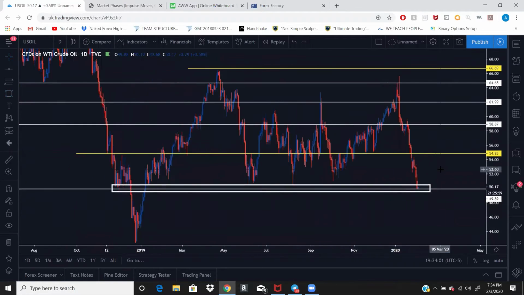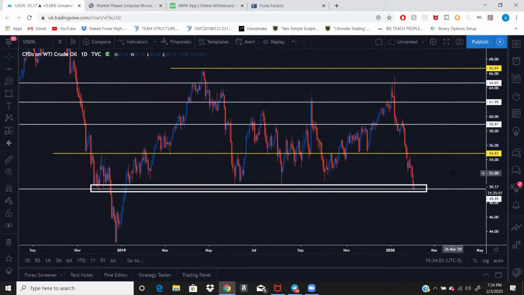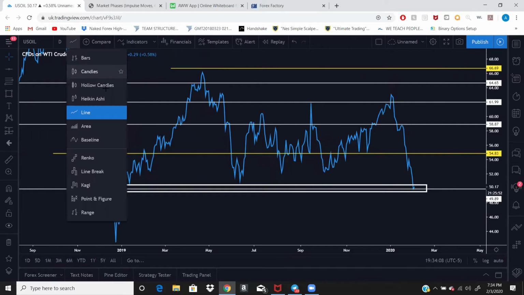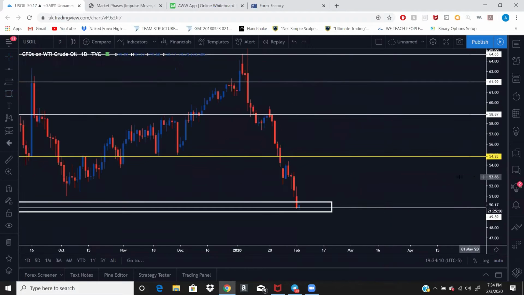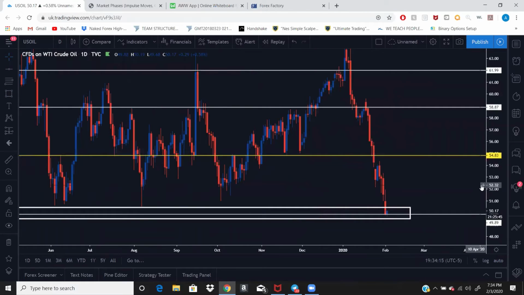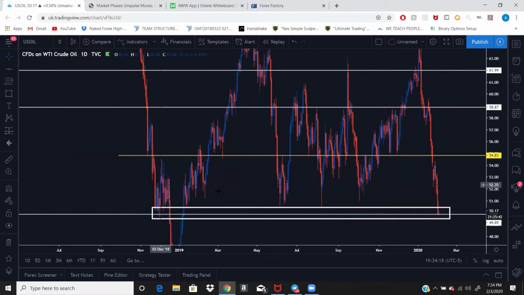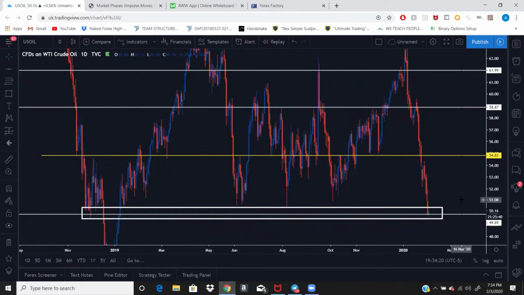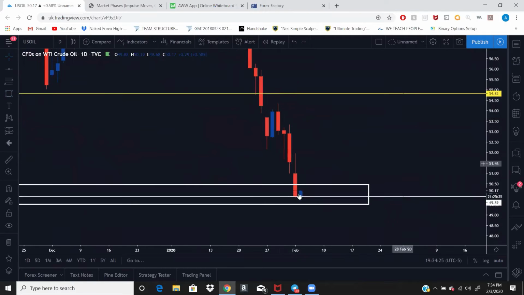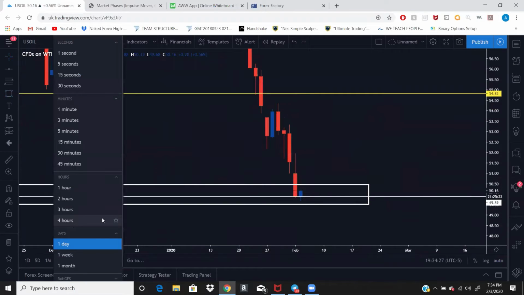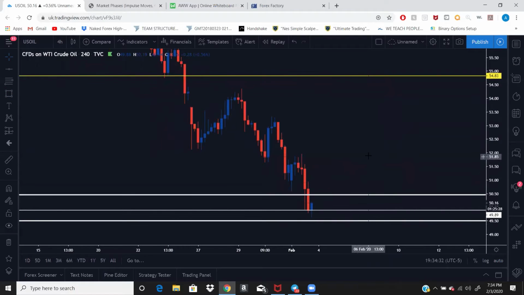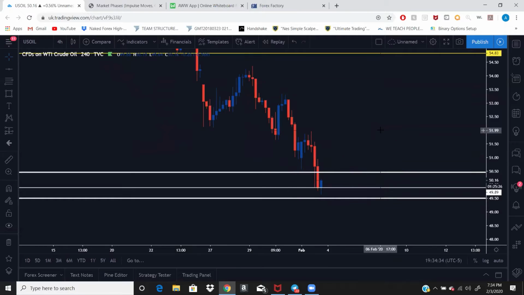Actually, this is a good time to buy oil if you are trading oil. I know it looks scary bearish, but this is a daily demand zone where I'm sure a lot of people will become interested in buying, and we already see some buying pressure here or rejection to the further downside.